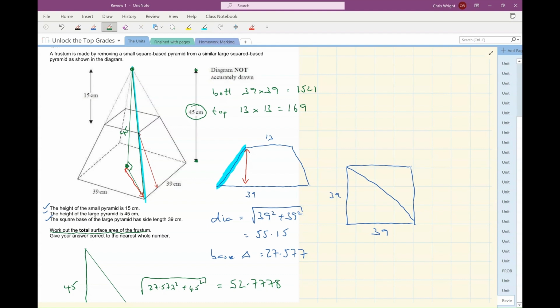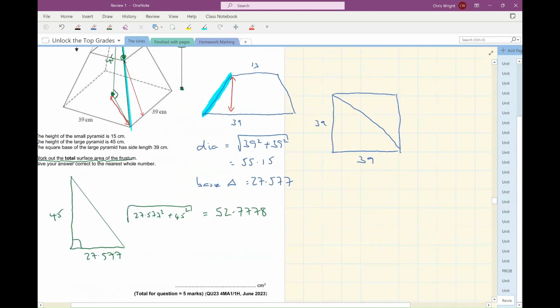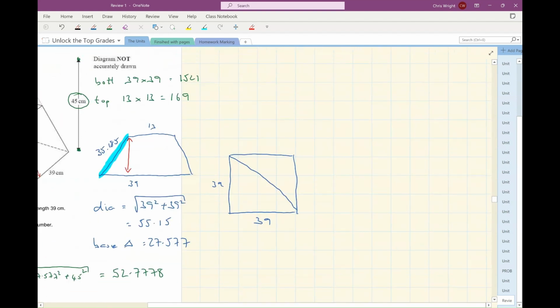So this bit here is 1/3 of the whole length, leaving 2/3 of the whole length for the diagonal of the trapezium. So that means that this diagonal here is 35.185.